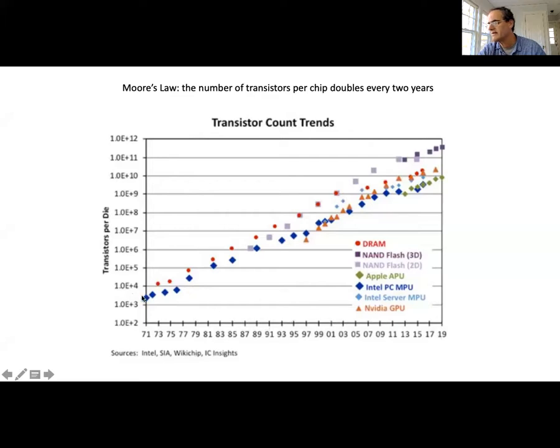But what one sees, and notice that the y-axis is logarithmic, is that the number of transistors per die has grown exponentially. The data look like a straight line on a log linear graph over this entire period, starting from a few thousand transistors per chip in 1971 to now hundreds of billions of transistors per chip.